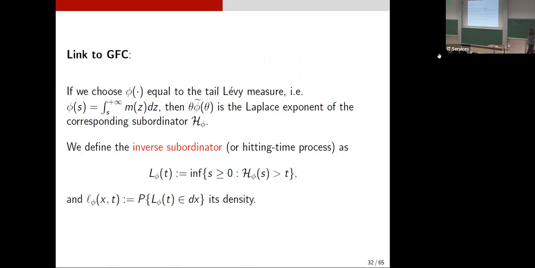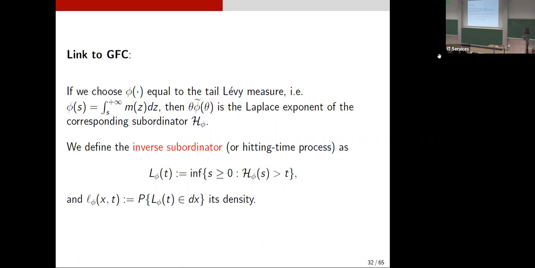I skip this slide, and then we have the first link between the theory of stochastic processes and the general fractional calculus theory. This is given by the kernel of the derivative. If you remember, phi is the kernel of the general fractional derivative.